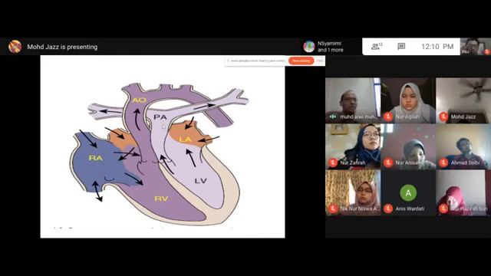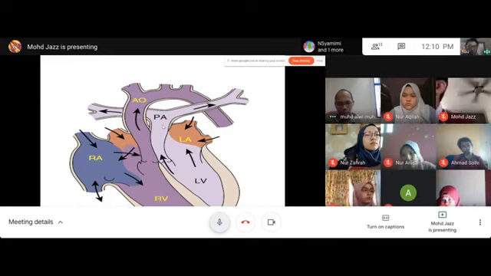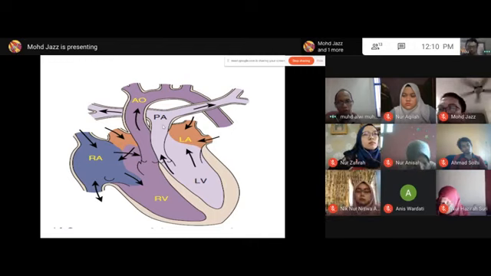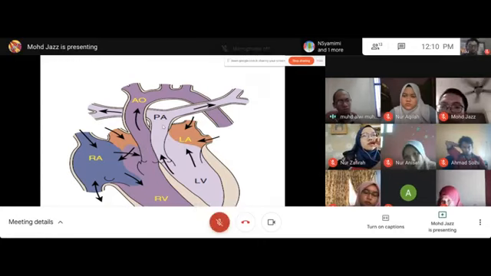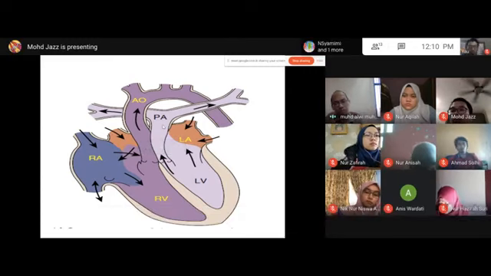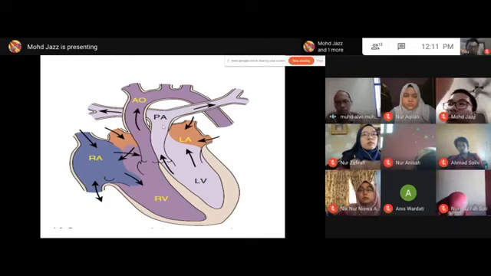What is sinus rhythm? Anyone know what sinus rhythm is? Okay, good. Sinus rhythm is rhythm that originates from the SA node. Because the SA node is at the atrium, we see the P wave upward in all of the leads except for aVR.